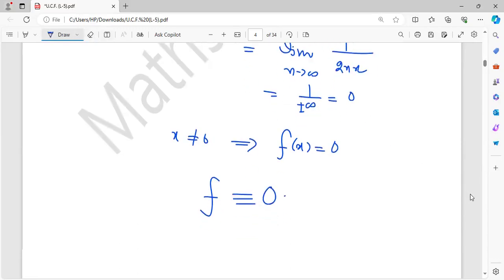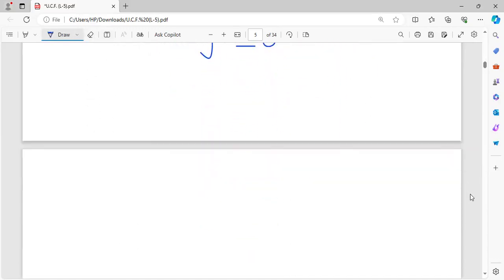Okay. Now we got the pointwise limit. So what about Mn?